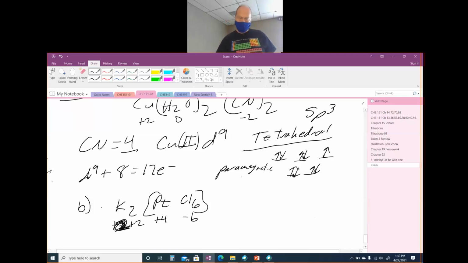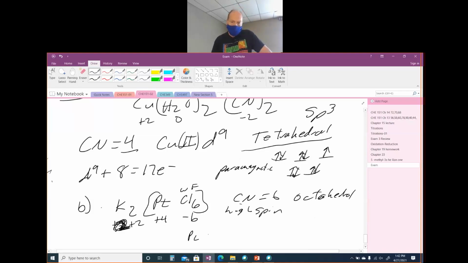All right, so again, here your coordination number is 6. It's going to be octahedral. These are weak field ligands, so this is going to be high spin. And a platinum 4, you look at platinum on the periodic table, the number above it is 10, so that is a D6. And so for high spin, for octahedral, 1, 2, 3, 4, 5, and 6.